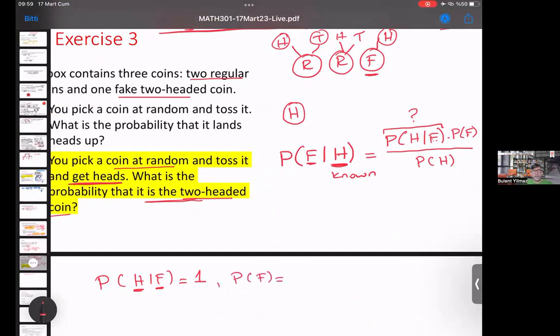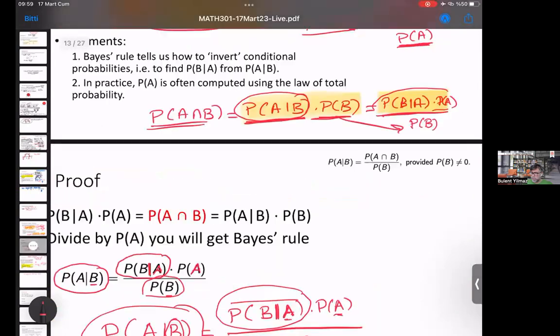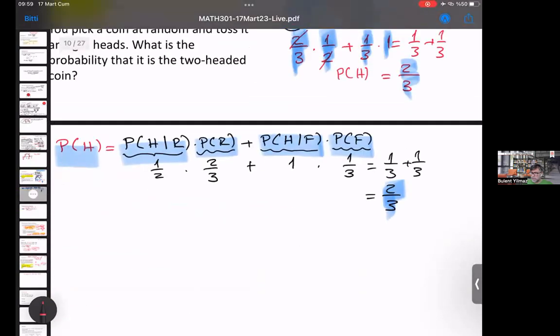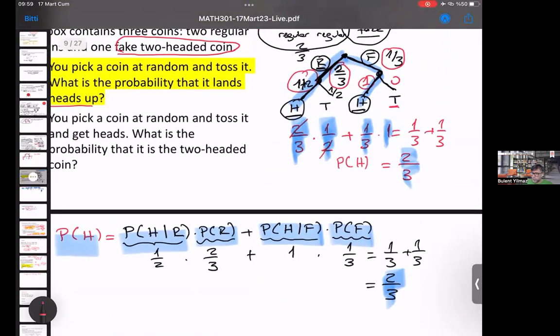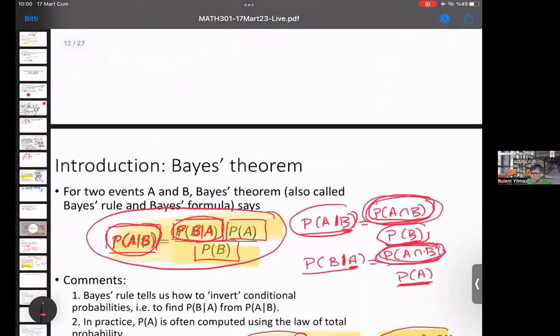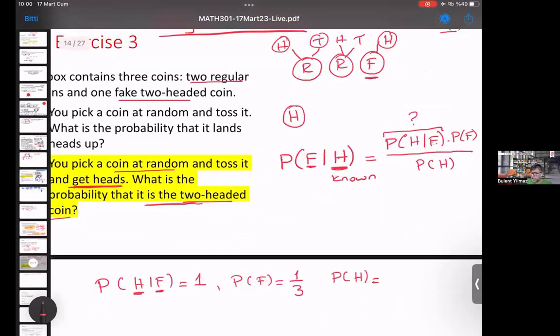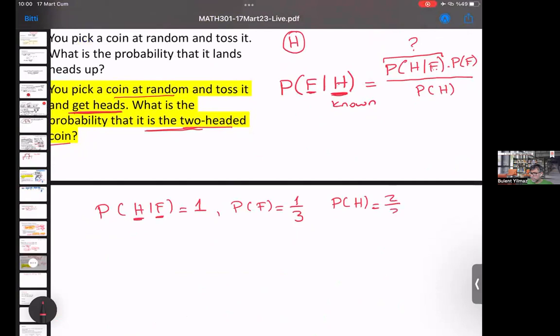Probability of obtaining a fake coin is 1/3. Probability of heads, this is something we found in my previous exercise, and we used the total law of probability. Probability of heads is 2/3. I'm going to write here 2/3.